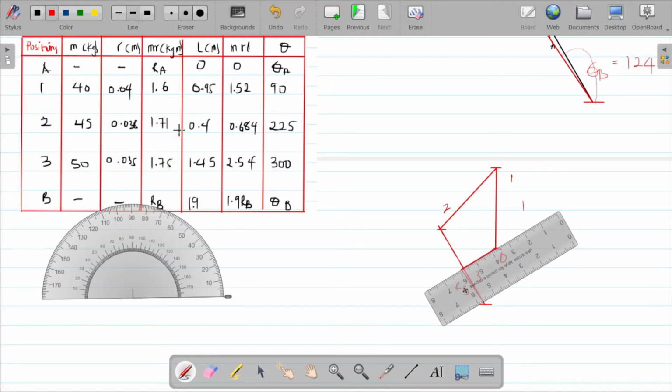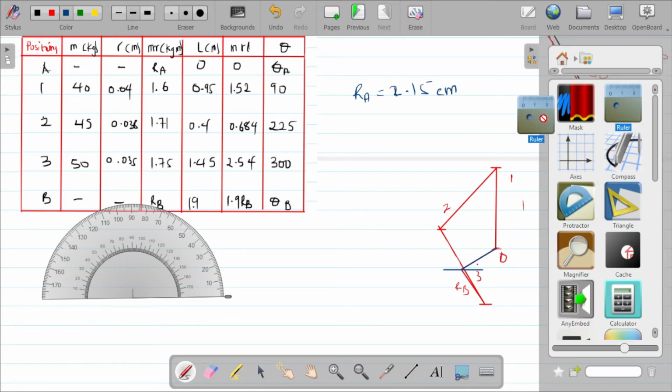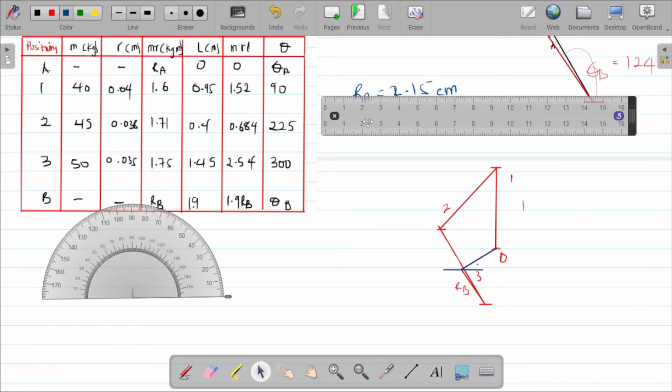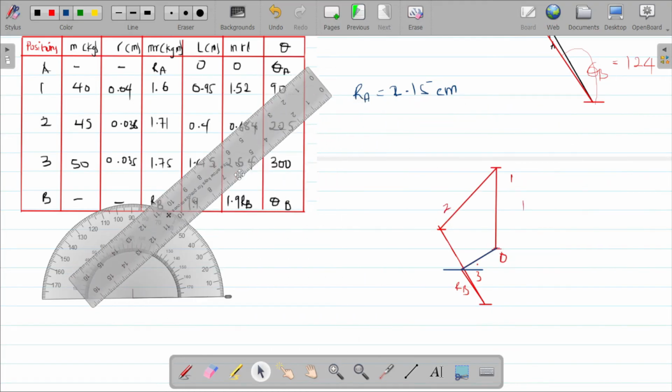Okay, let me use a different color. 2.15, let's see. Okay, so 2.15, so RA is equal to 2.15 cm. Now let's increase the length and find the angle.